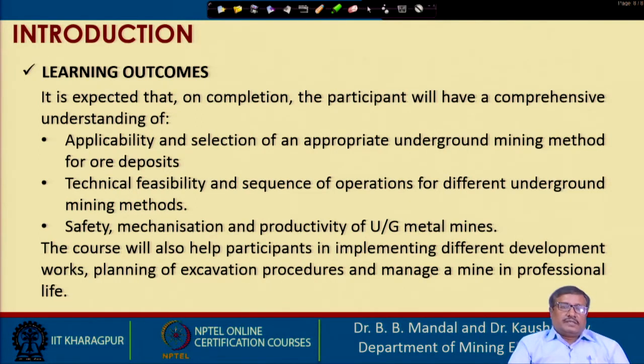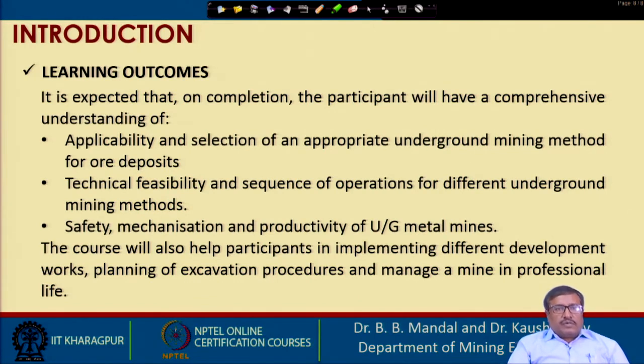When you learn things in detail, the applicability will be very easy to understand, and also the technical feasibility, whether this is a technically feasible method or not, and safety, the standard of mechanization, how to improve the standard of mechanization and the productivity, whether there is any scope to do that. That we will be able to understand, right.